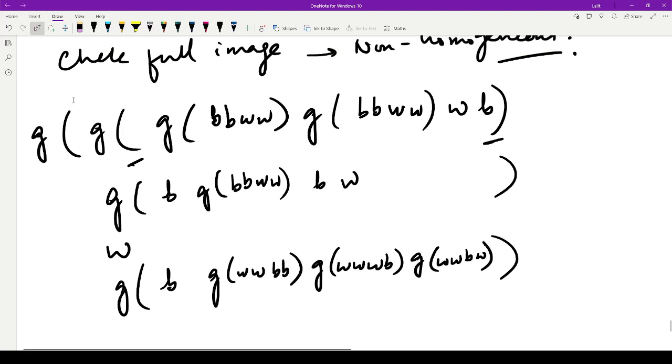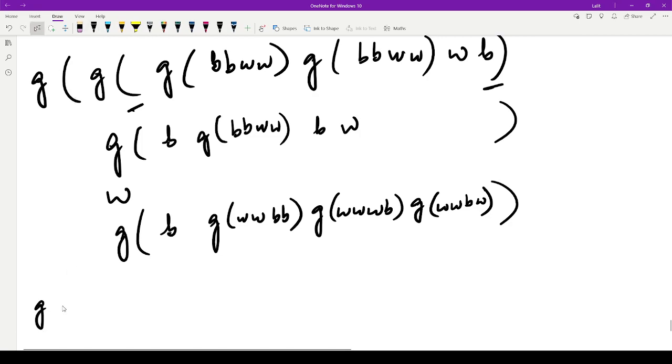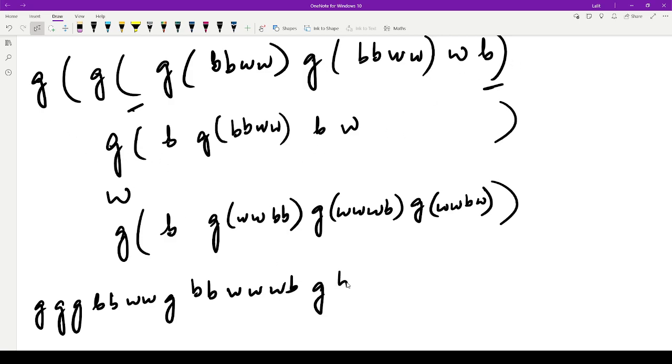So this is your final answer. The final answer is just removing the brackets and writing it in a straightforward manner. So I wrote this part, now I'm rewriting this part, and similarly the other ones as well.